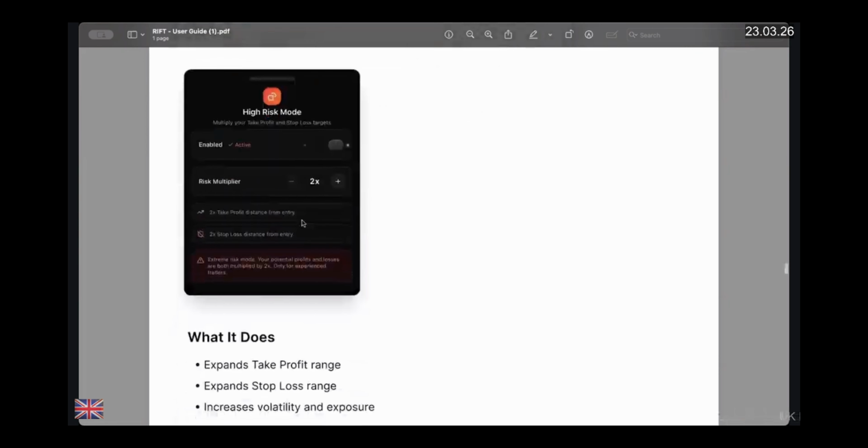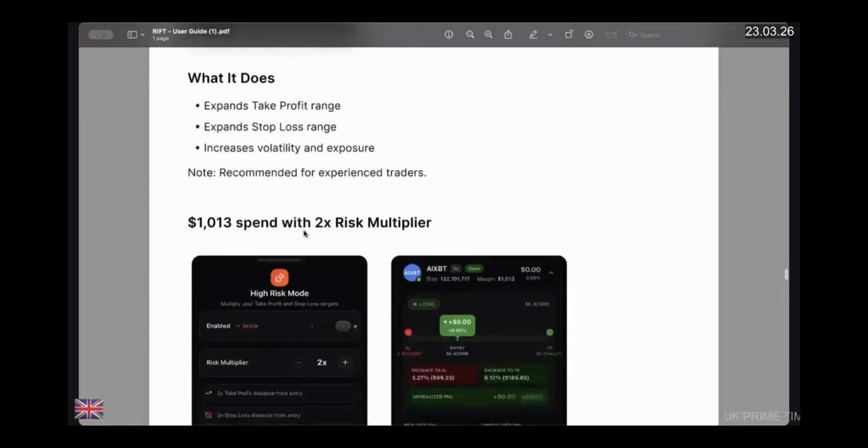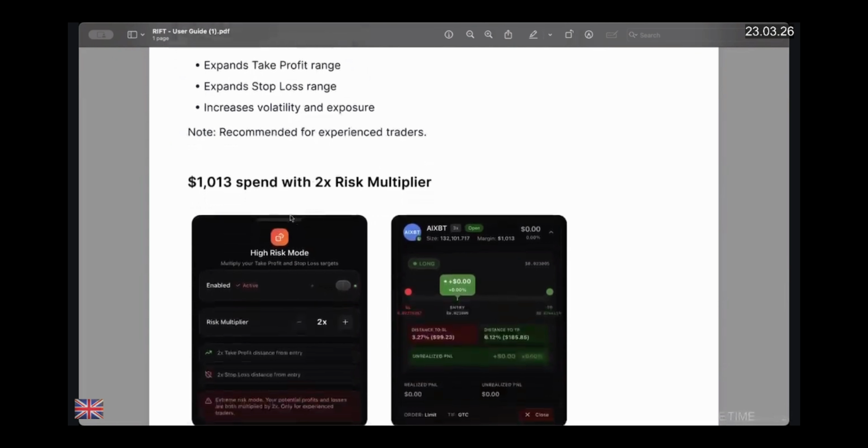So let's look at the scenarios in which the high risk mode helps or affects the trades. If we look at a $1,013 trade with 2x risk multiplier, the same trade which can possibly give you $50 of stop loss or $100 worth of take profit point with 2x risk multiplier will give you, okay, let's see it in the app.